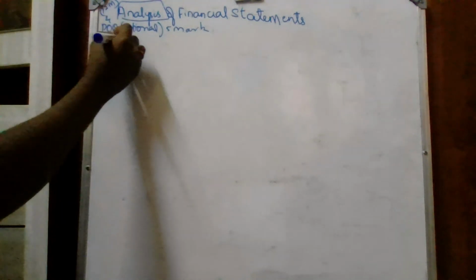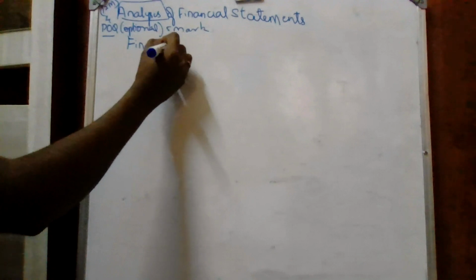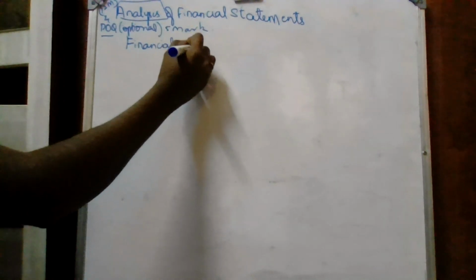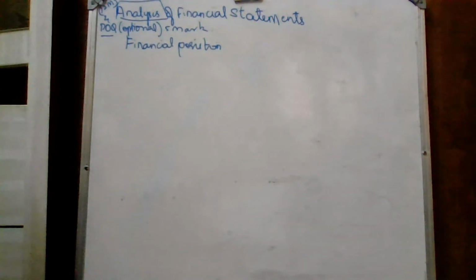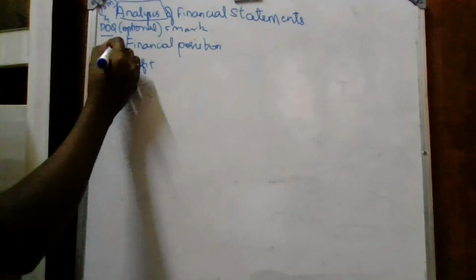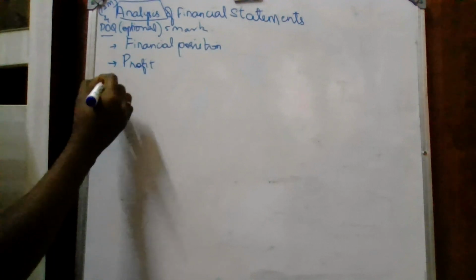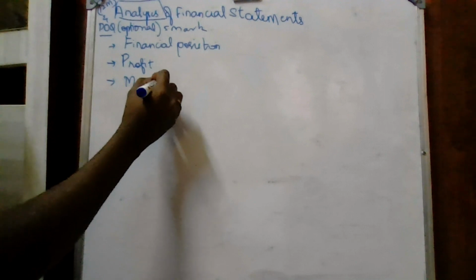One, we have to know what the financial position is. Is the business doing good? Is the business earning efficient profit that it will be able to sustain in the market? And how is the managerial efficiency?